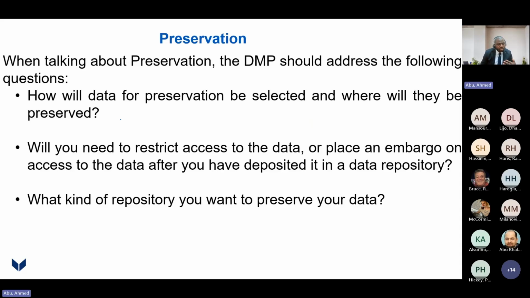The next question is, will you need to restrict access to data or place an embargo on access to data after you have deposited it in a data repository? There are a lot of data that have restrictions even when deposited in the repository.